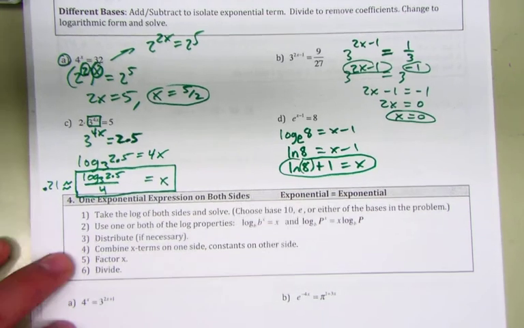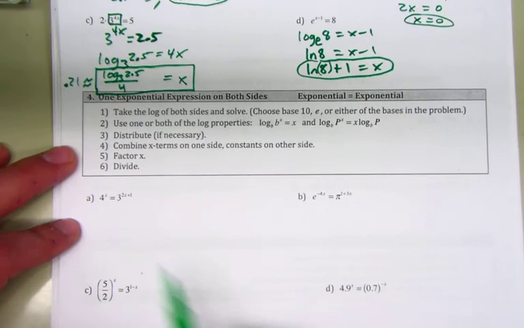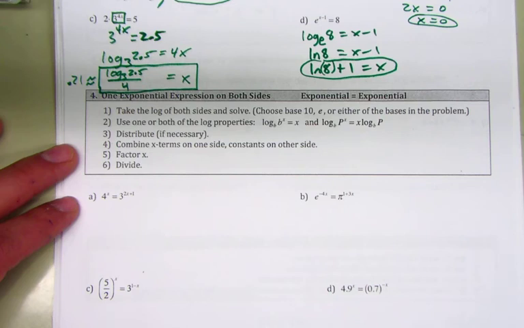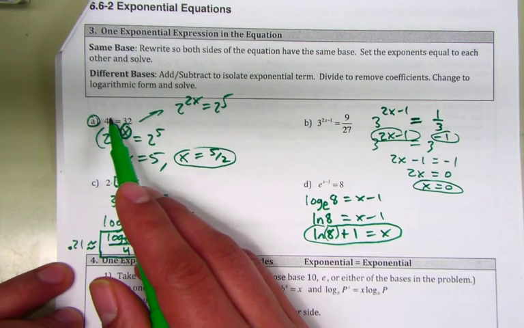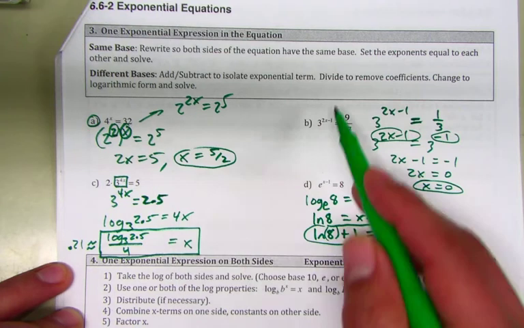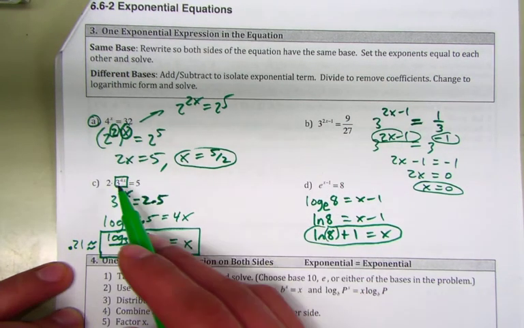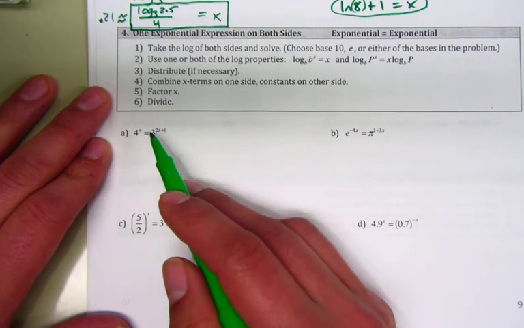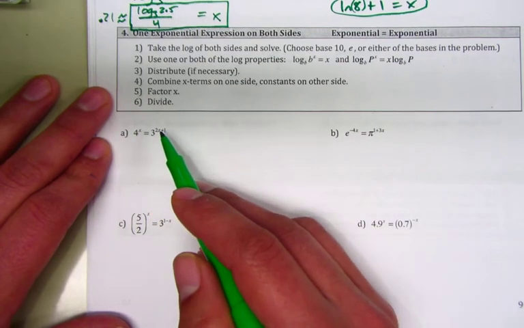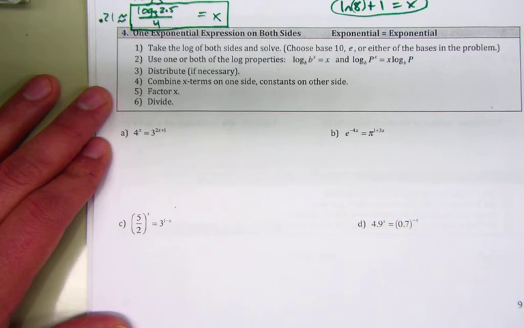Okay. So now, here's where it gets a little bit trickier, okay? These equations up here had an exponent just attached to one thing, right? X was only part of one exponent. Down here, we see this exponent has an x and this one does too. So that creates a problem.